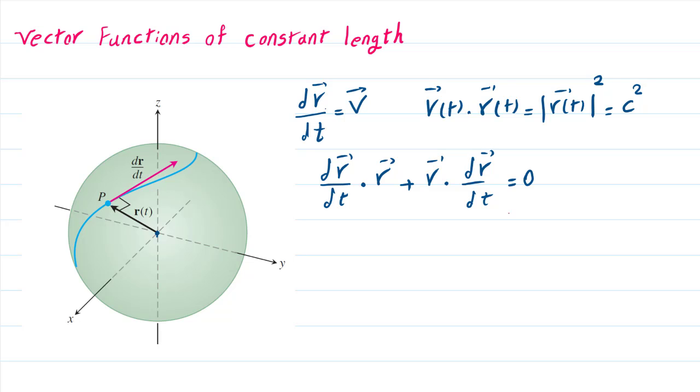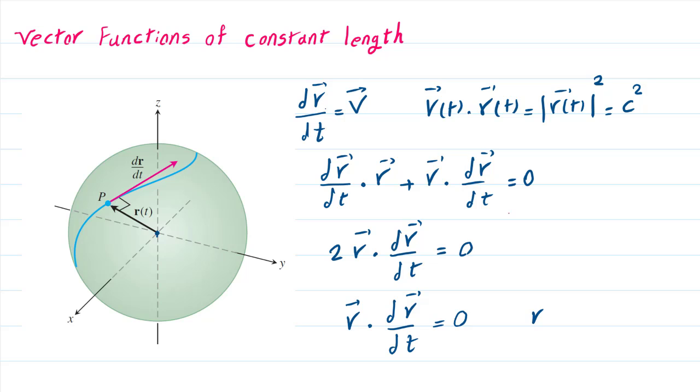Since dot product is commutative, so we have 2 times r dot derivative of r is equal to 0. Therefore, r dot derivative of r with respect to the t is equal 0.